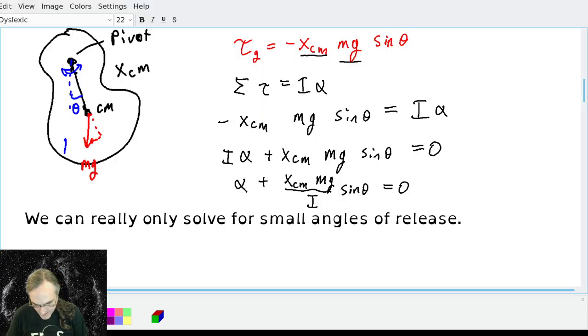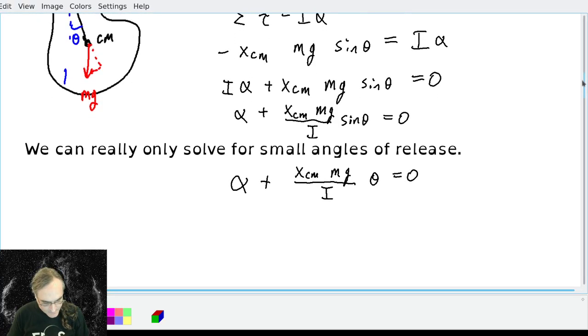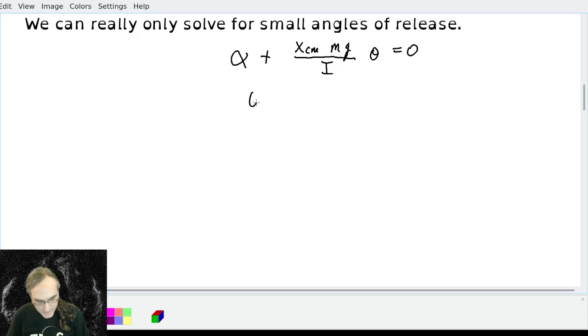Okay, so if the angle is small, however, then we get alpha plus the center of mass distance, the distance from the pivot to the place where the force of gravity is effectively applied, times m times g over the moment of inertia, times the angle theta equals 0. Again, we know approximately what this should look like.